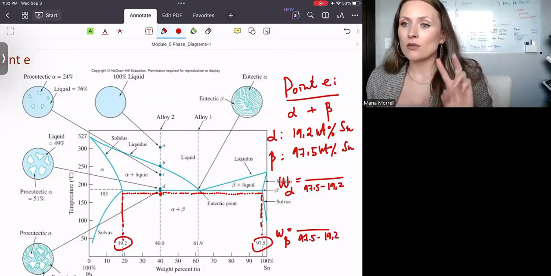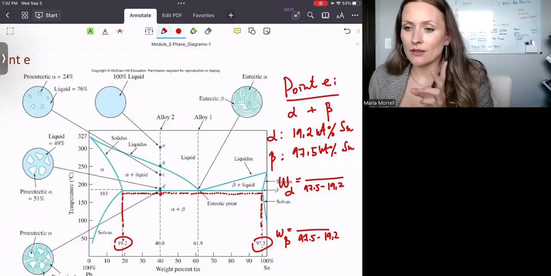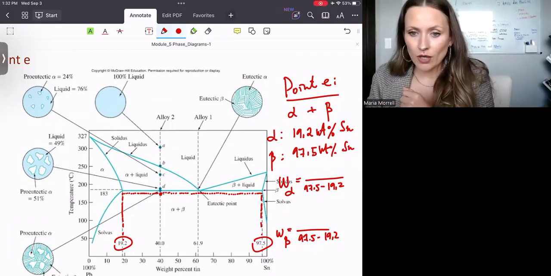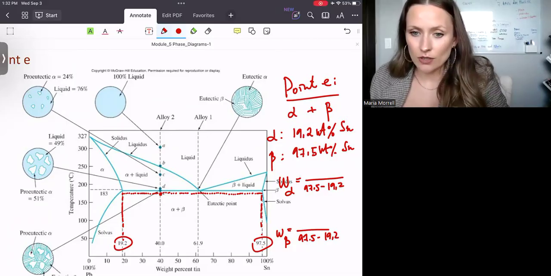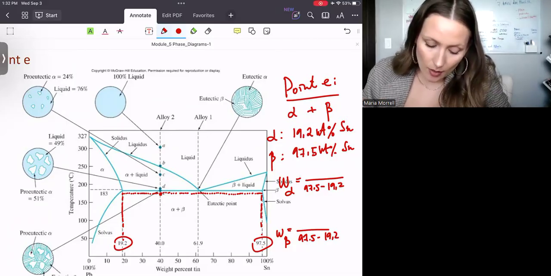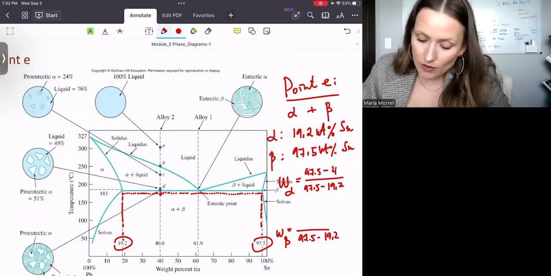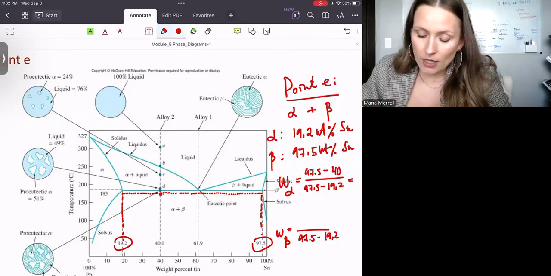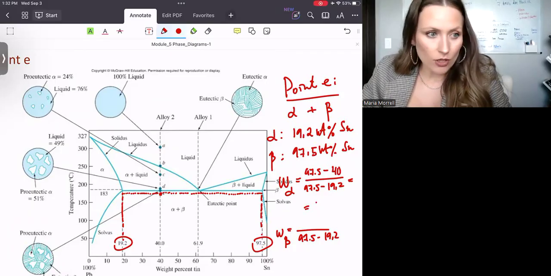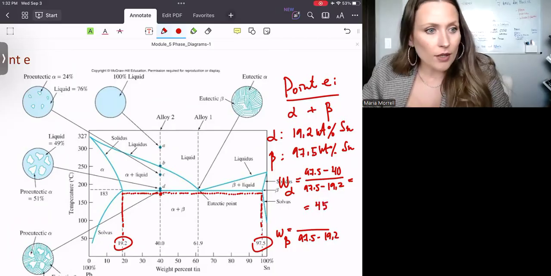But on the top, I need to make sure that I'm taking the opposite end. So since I'm doing the calculation for the eutectic alpha, and my alpha is on the left side of the screen, I'm going to take the opposite end, and that would give me 97.5 minus the average composition of the alloy, which is 40. And if I am to compute this value, it will produce 45.